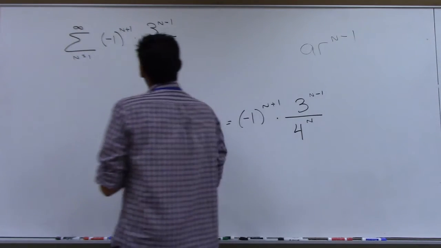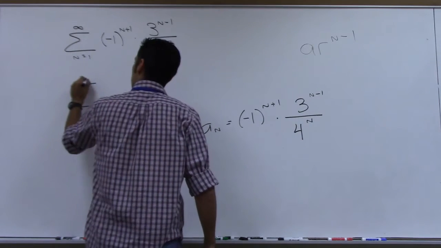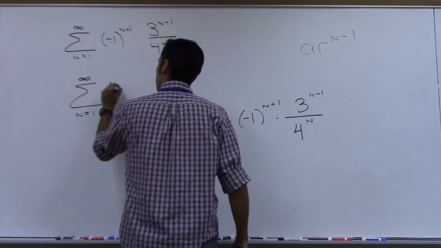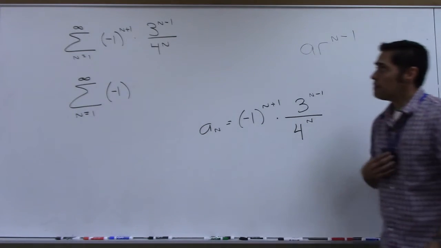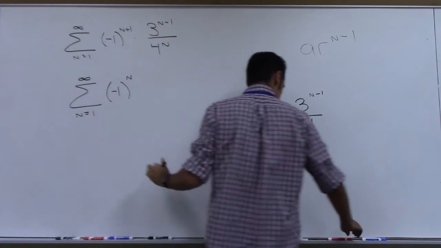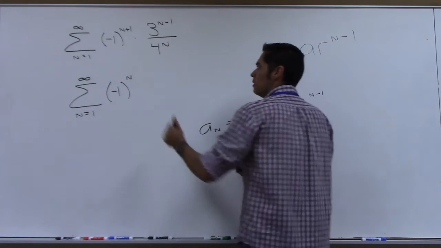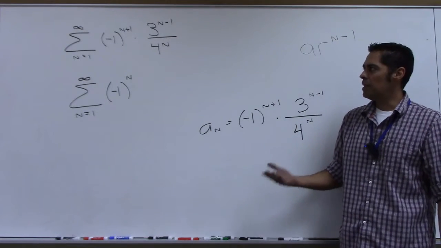This is going to become the sum n equals 1 to infinity. How can I rewrite that negative 1 to the n? I need to know how comfortable y'all are with me doing this or not.